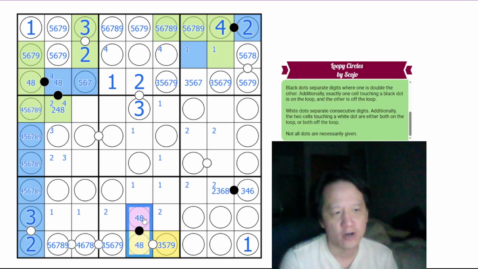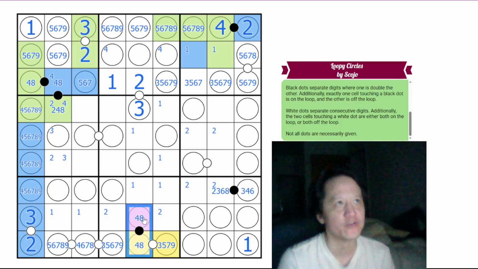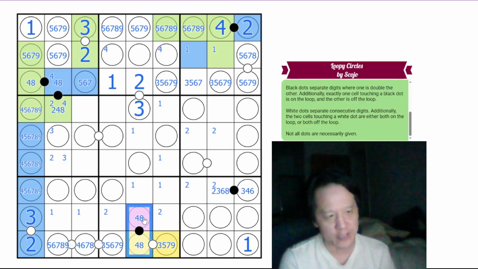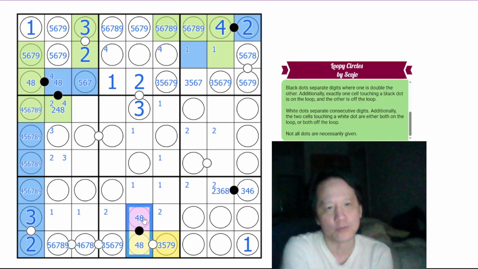Sorry, 2 of them are definitely in circles on the loop, and 2 of them are in circles off the loop. We don't know what the third one is.